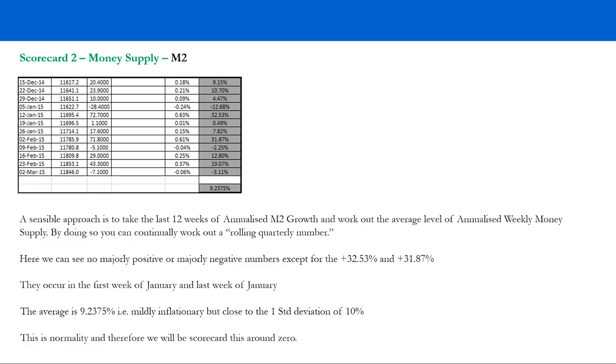But we did notice that there were some outliers here, around 32% weekly annualized percentage increase. And these occurred in the first week of January and last week of January, because the data is reported the week after.